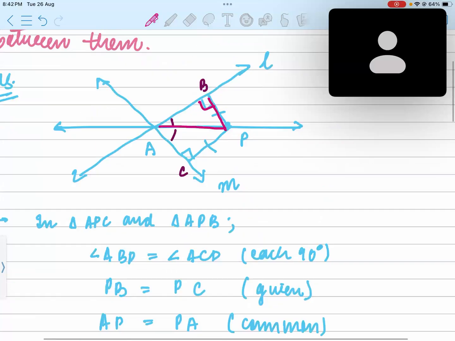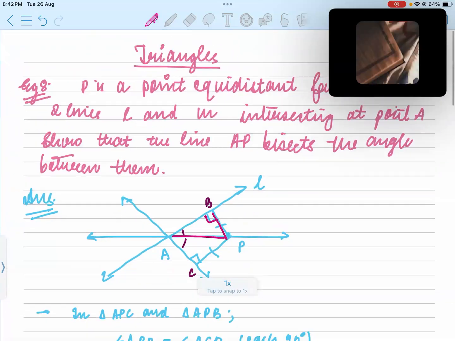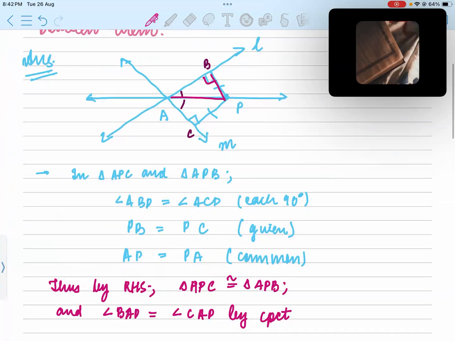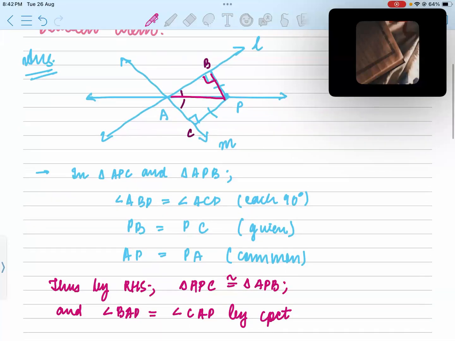Got the answer, children? Everyone understood? Okay, if you want to copy the solution, just quickly copy it and tell me if you've got any doubts.